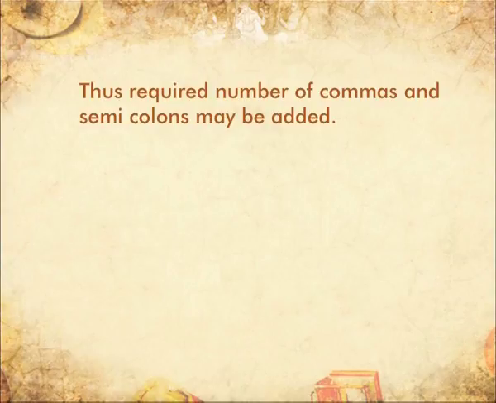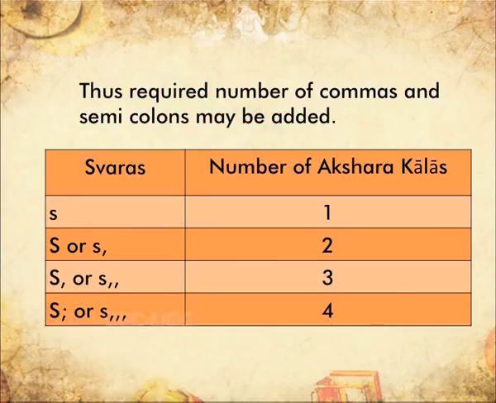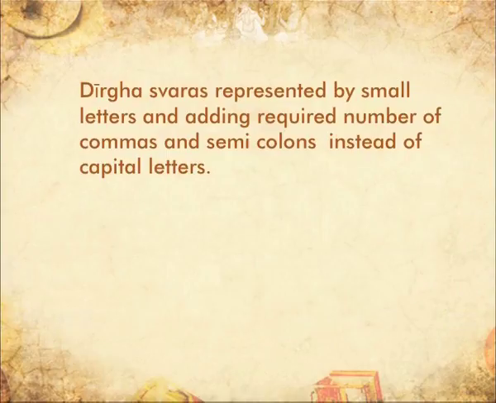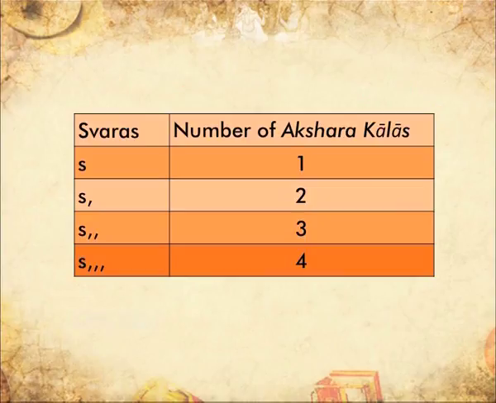Thus, the required number of commas and semicolons may be added. Dirghaswaras may also be represented by using only small letters and adding the required number of commas and semicolons instead of using capital letters as follows.